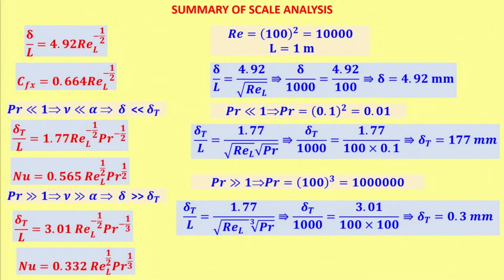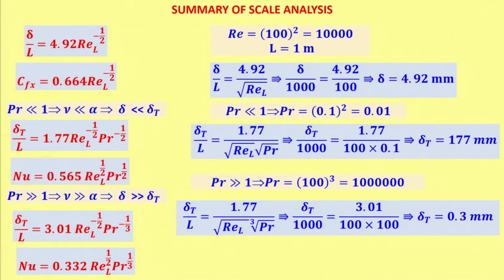So you see, for Prandtl number less than 1, we had said that delta is less than delta T. Delta is 4.92, delta T is 177. Now for Prandtl number greater than 1, I am taking 10 to the power of 6, for oils the Prandtl number can be so high. So delta T is coming to be 0.3, which is very much less than 4.92.